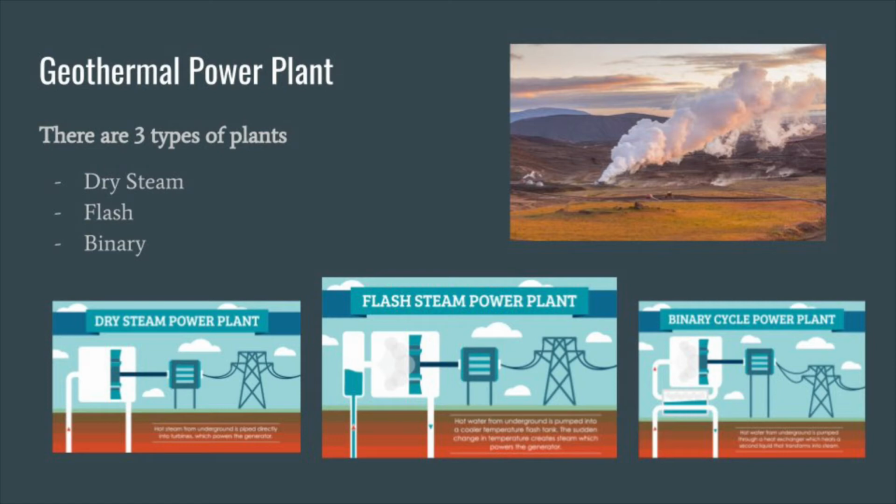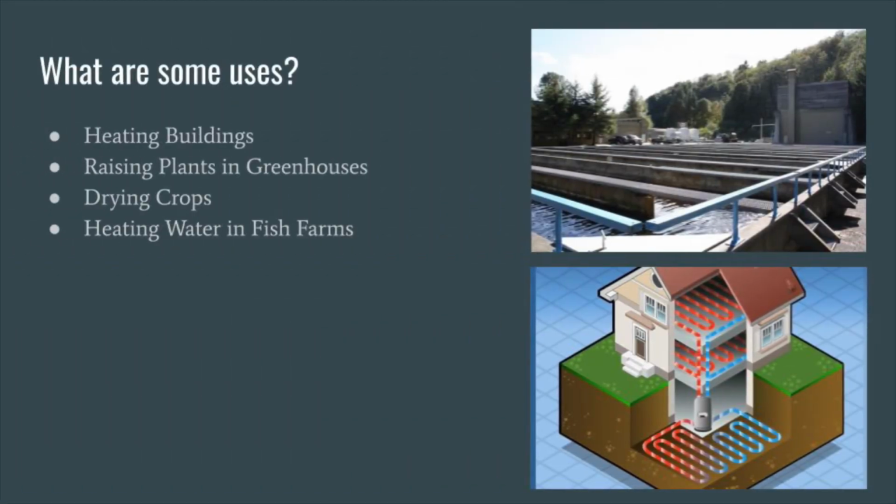And with that, we kind of understand the 3 different ways you can make geothermal heating plants. Also, designs like these can be used for many other different uses for homes and other places. Now, let's go over some uses of geothermal heating.